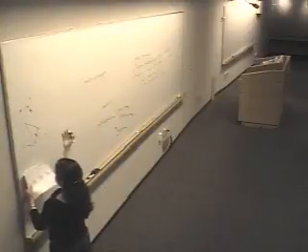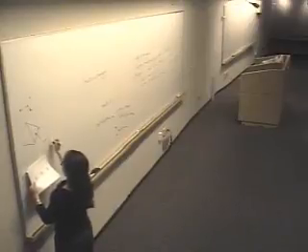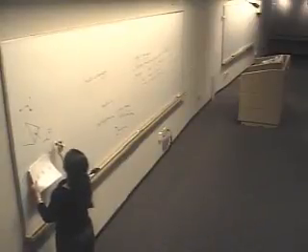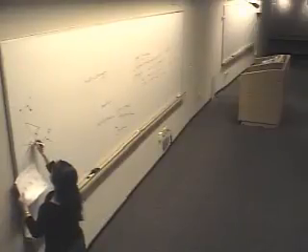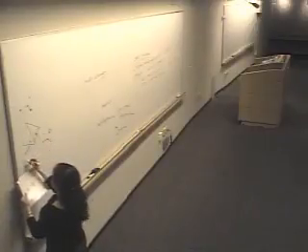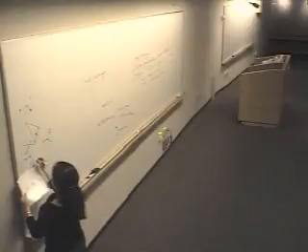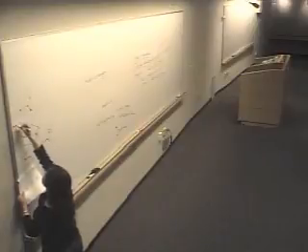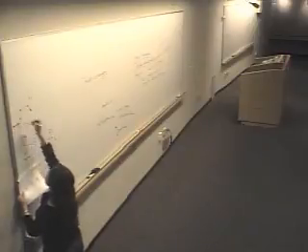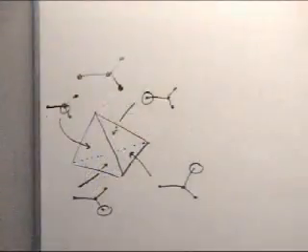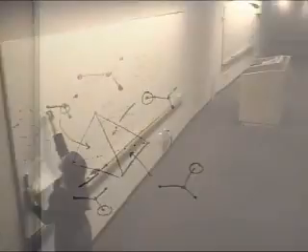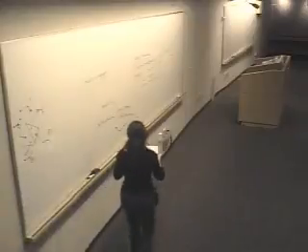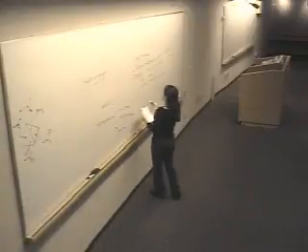So this outer facet here will correspond to this point. And this bottom facet will correspond to this point. This outer facet is the middle point, and then this back facet is the leftmost point.